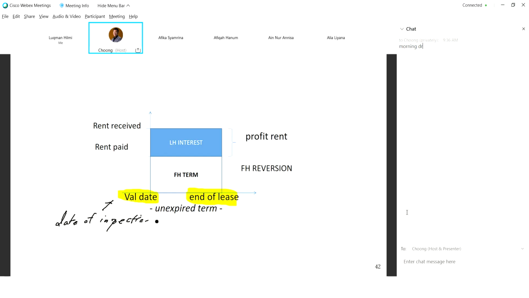To put it in a more simple way, you can say it's now, present. Sekarang valuation date, pada hari ini lah you buat inspection tu. And then end of lease, we don't know when the lease itself ends.